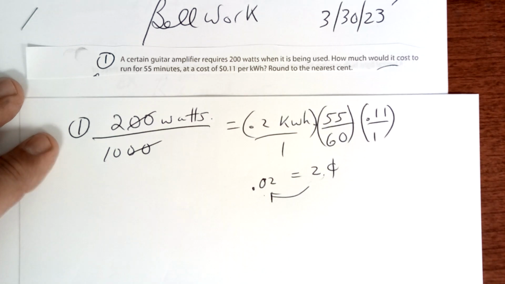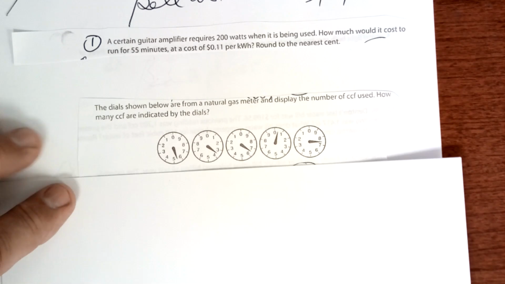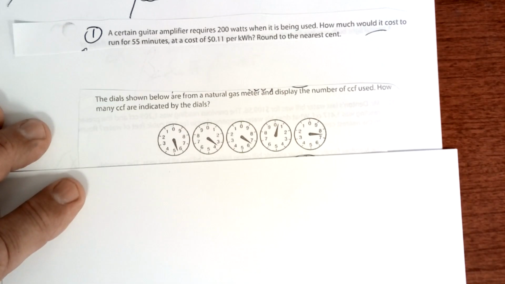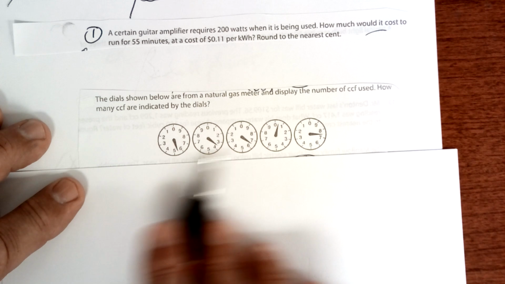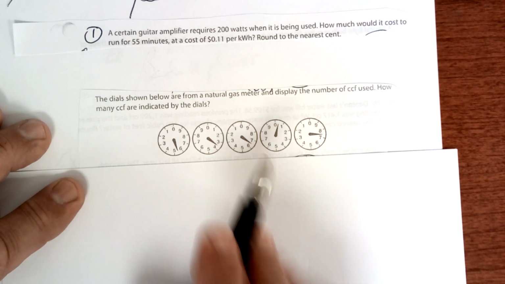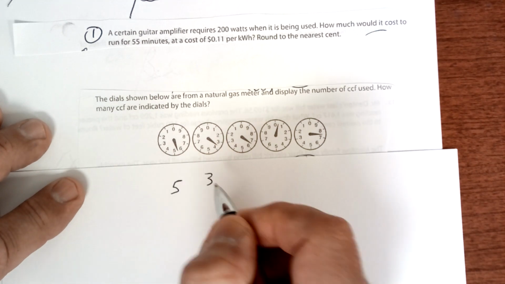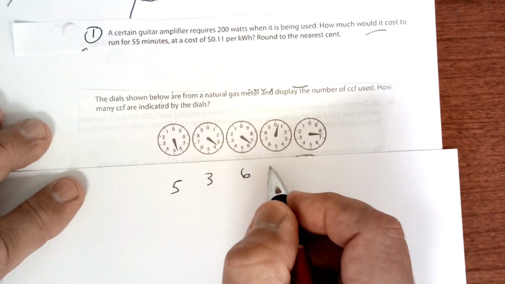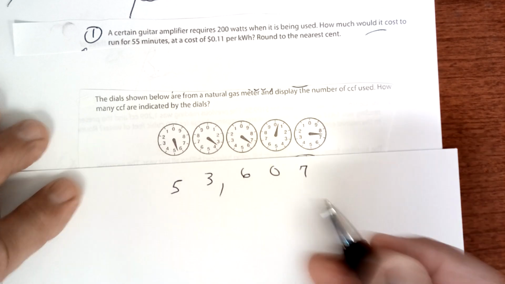All right, on this one right here, remember I think I said to divide by 100. Well, this is already reading by the hundreds. So you're going to say 5, 3, 6, 0, 7 CCFs.